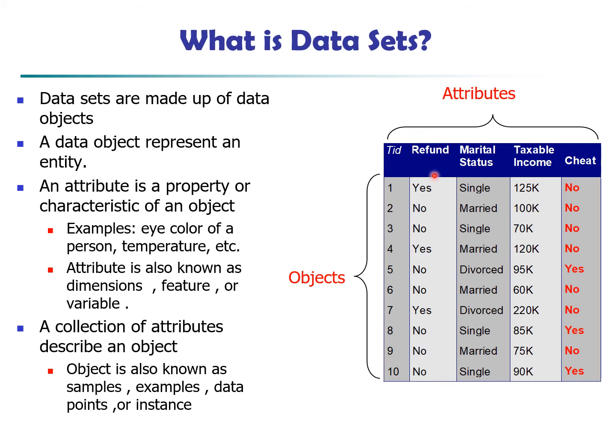Now, if we have a collection of attributes, we'll be able to describe a data object, okay? Now, an object can also be called a sample, or example, or data point, or instance of data. So what is a data set? A data set is made up of data objects. Data objects have attributes. Attributes have values.